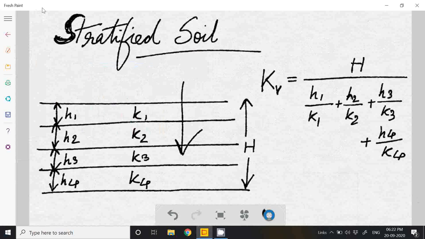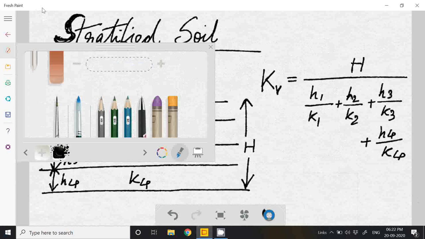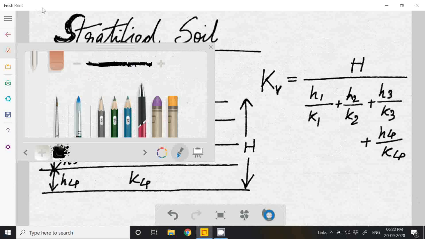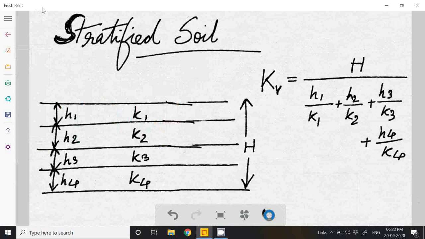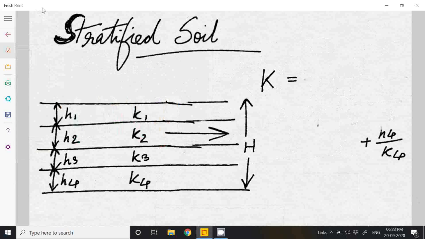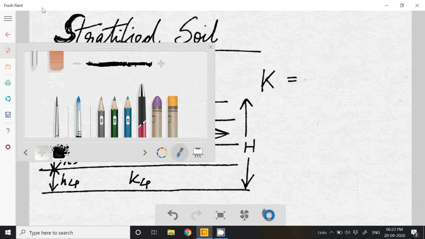Now there will be another situation when the flow is parallel to the planes. In that case, the equivalent permeability of the sample will be called KH.